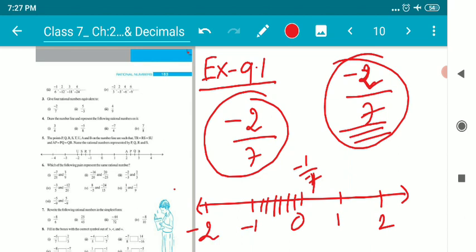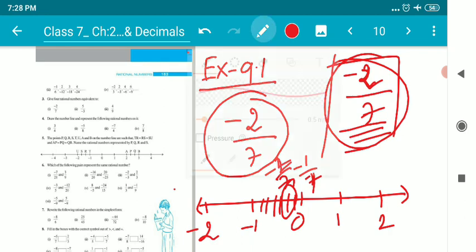Because it is towards the left-hand side, between 0 and minus 1. So this is minus 1 by 7, and the next one is minus 2 by 7. So minus 2 by 7 exists between 0 and minus 1. This is how we express such rational numbers.